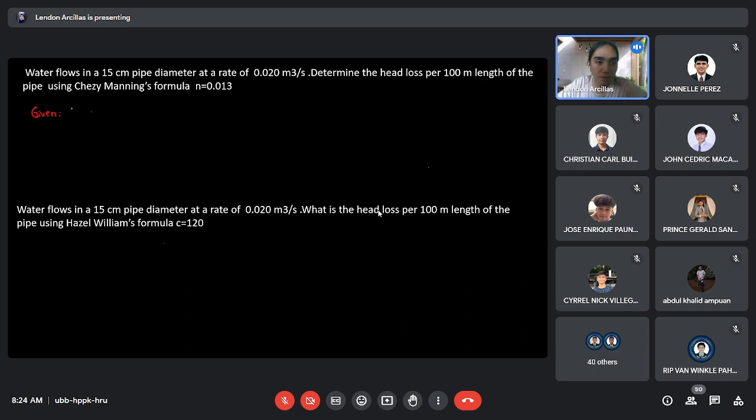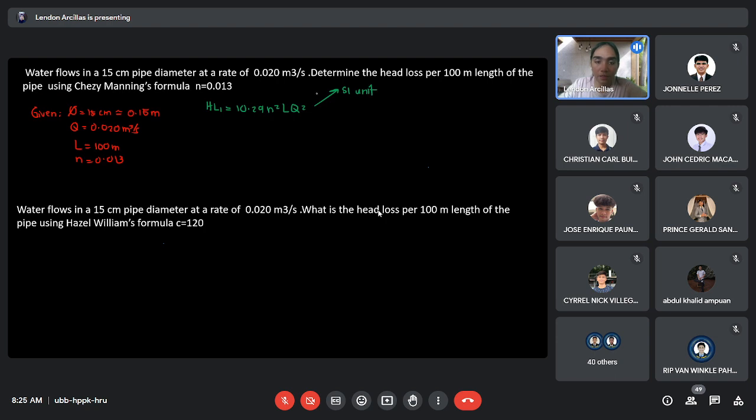You have a diameter 15 centimeter. Again, gagawin na lang natin tong meters. And also discharge, length of the pipe, and the value of N. So, the formula for Chesney Manning in SI, since naka-SI to, again, this is in SI unit.